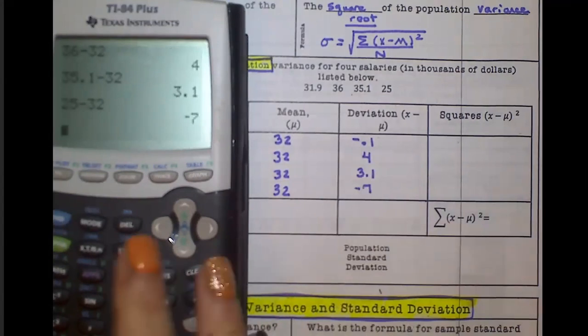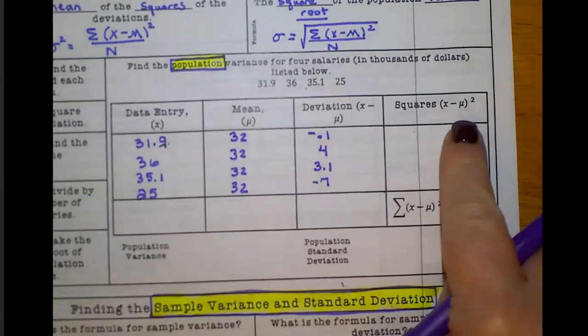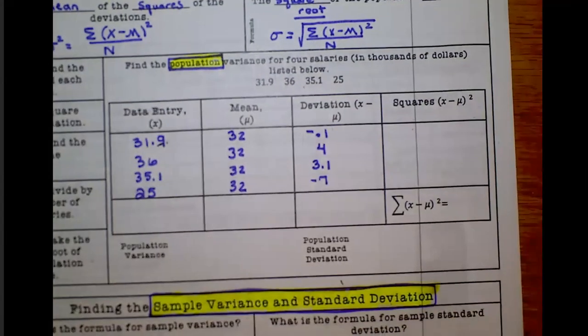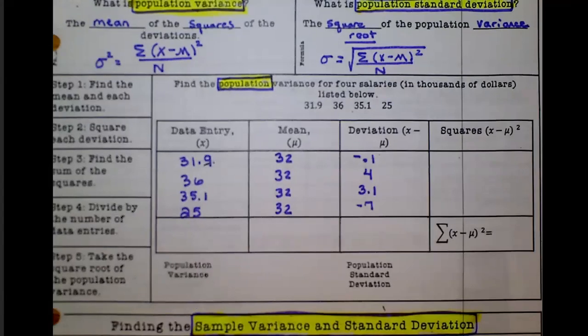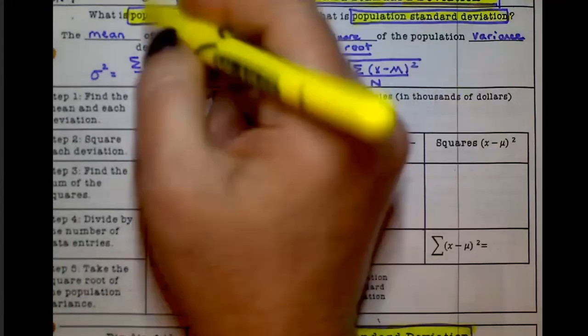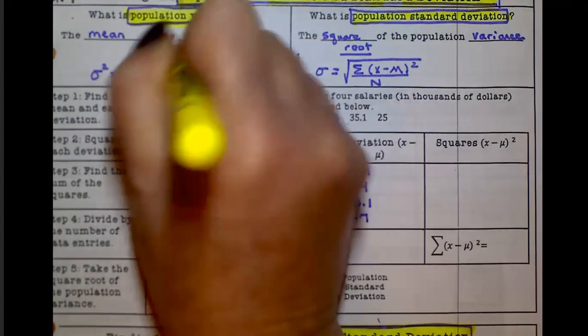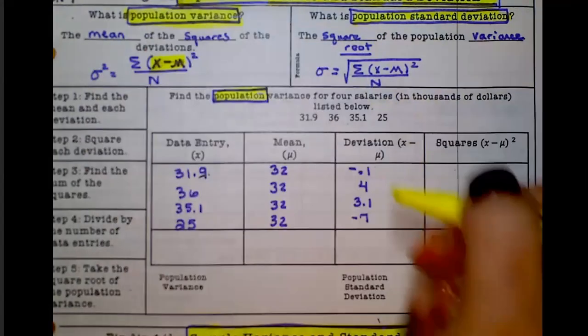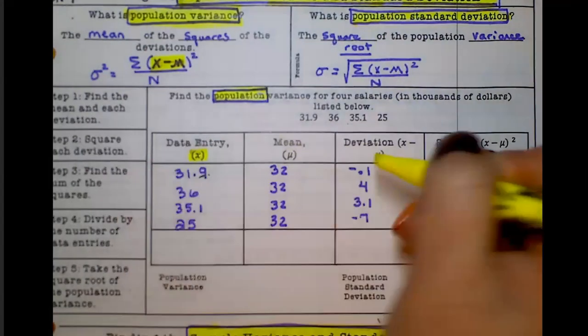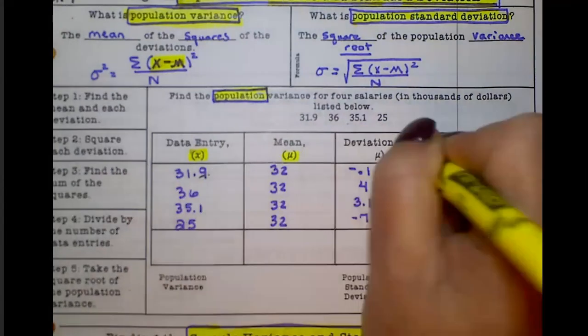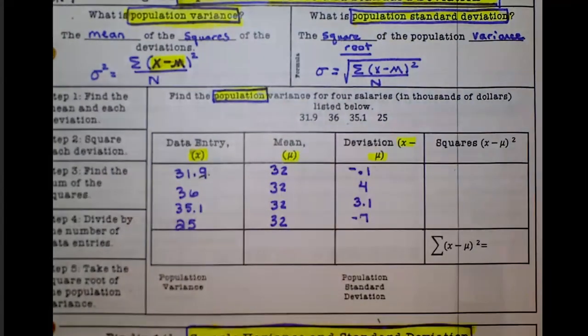Okay, so next, we're going to have to square that. So I want you to kind of focus with how the table is based on your formula. So if you notice right here, I took each x value, and I subtracted the mean. Okay, make sure you kind of follow that because you don't have to build a chart for every one of these problems.